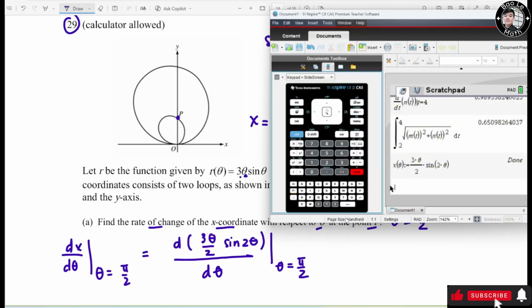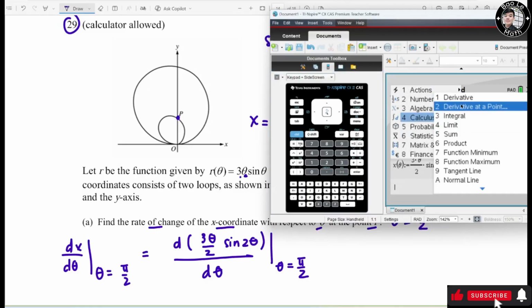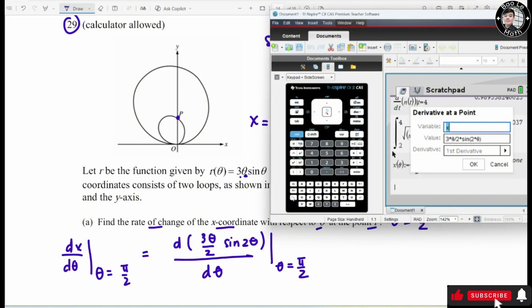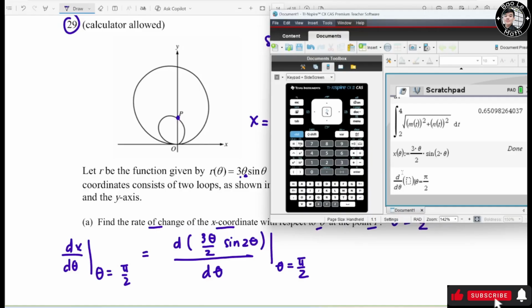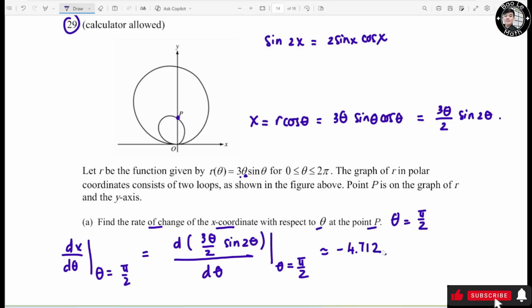Press Enter. Alright, press menu, calculus, derivative at a point. The variable is theta. The angle is pi over 2. Press OK. Now input S of theta. Press Ctrl Enter. It's going to be negative 4.712.